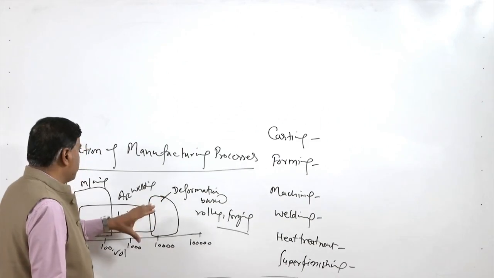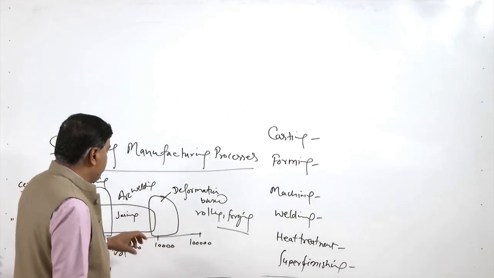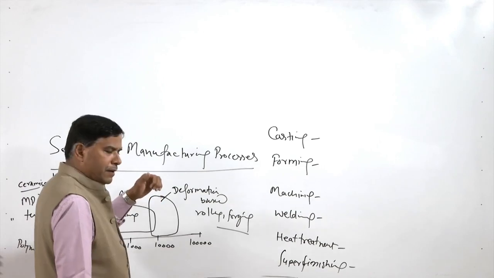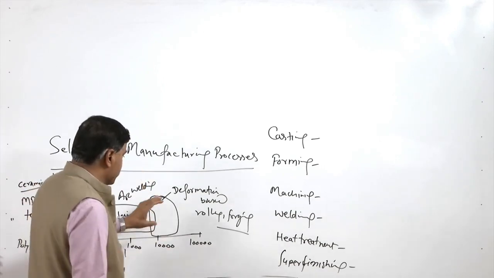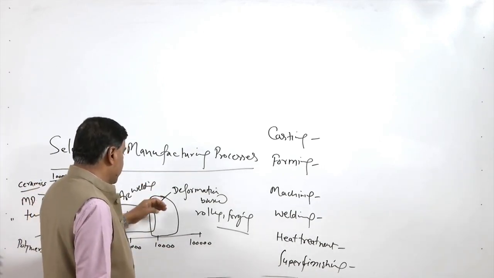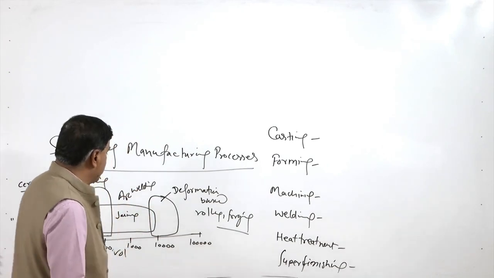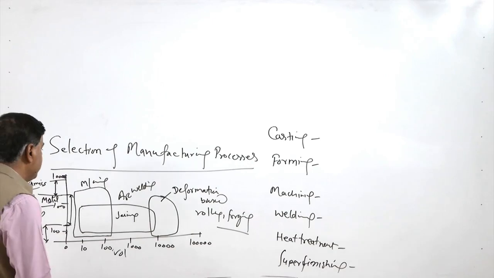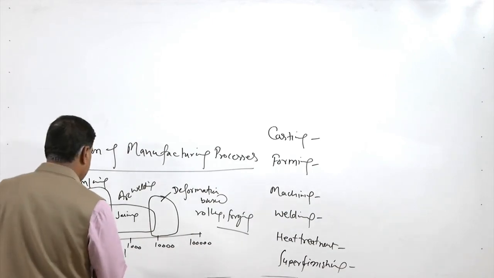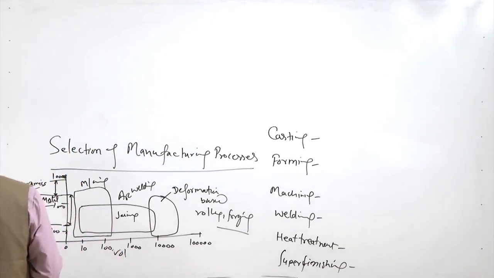And then for the deformation based processes, like hot forming or hot deformation, they can be used for even higher melting point temperature metals, but these are justified only for high volume production.